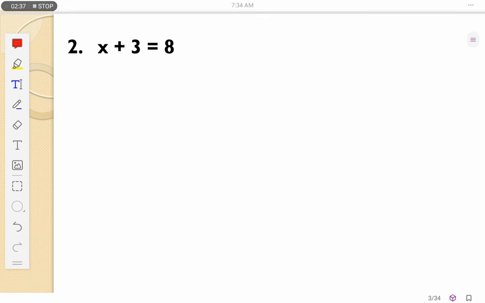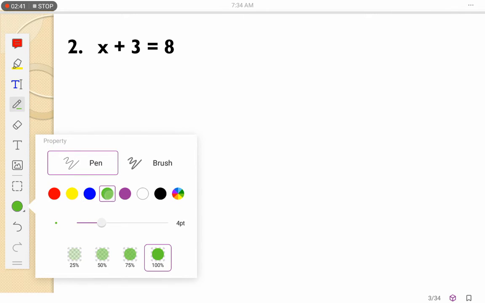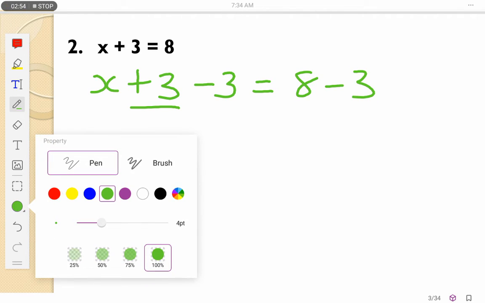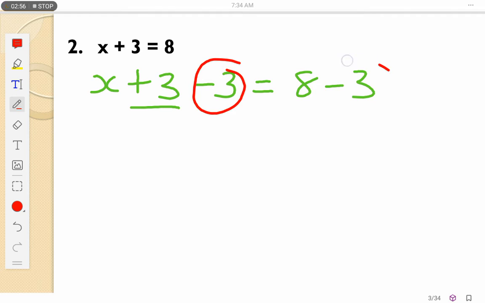Let's go. Okay, so here I've got this one. I'll use this method where we balance. So I'll have x plus 3. To remove this 3 this side, I'm going to say minus 3 is equal to 8 minus 3. Basically, what you do on this side, you also do on that other side, so that it is balanced. So this is basically a balancing method.